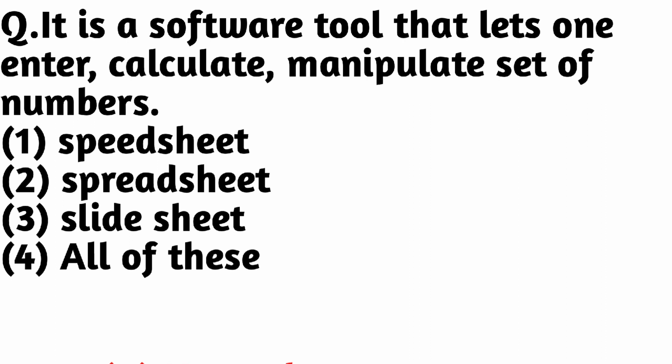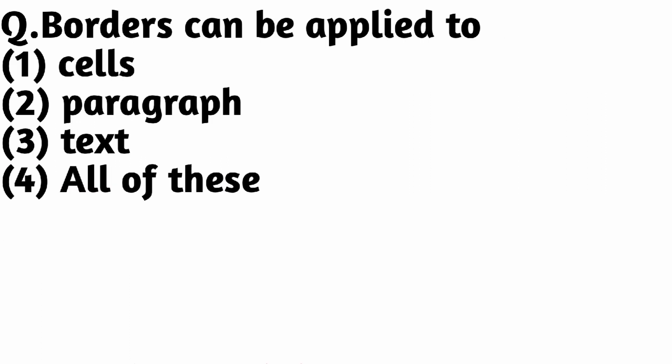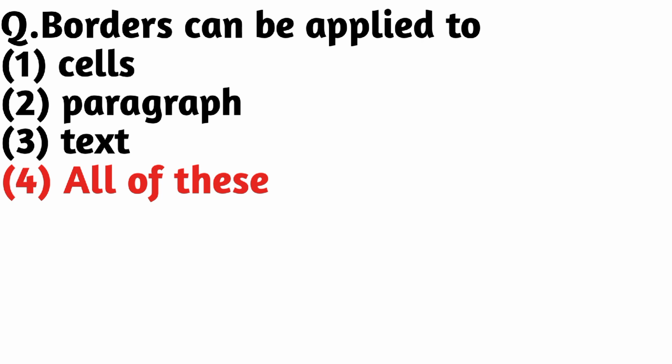Option 1 spreadsheet, 2 spreadsheet, 3 slide sheet and 4 all of these. The correct answer is option 2 spreadsheet. Next question, borders can be applied to option 1 cells, 2 paragraph, 3 text and 4 all of these. And your correct answer is option 4 all of these.